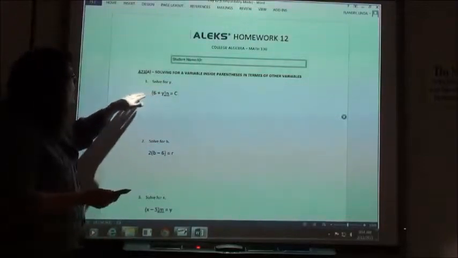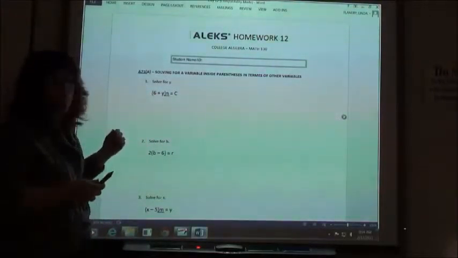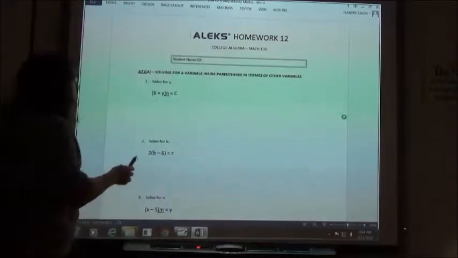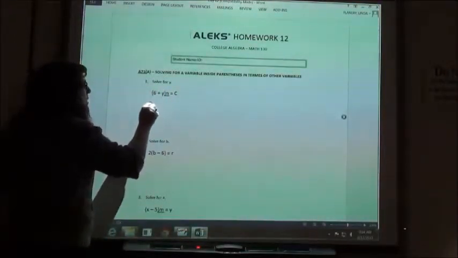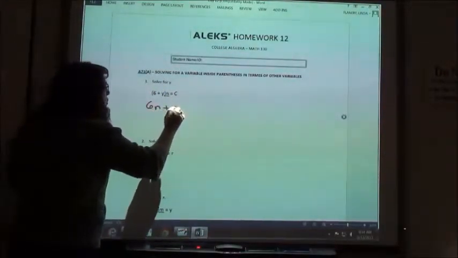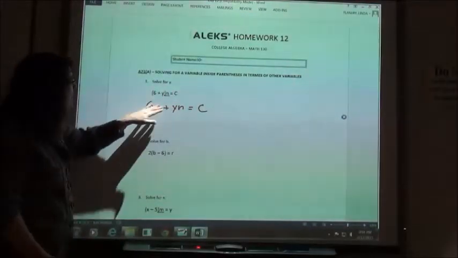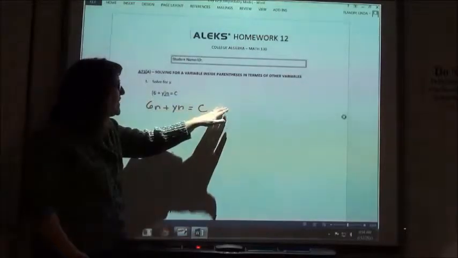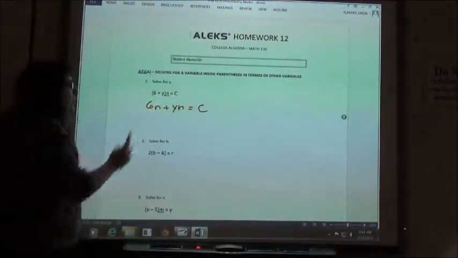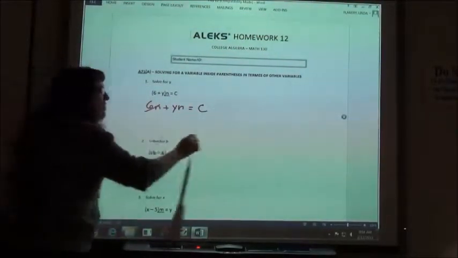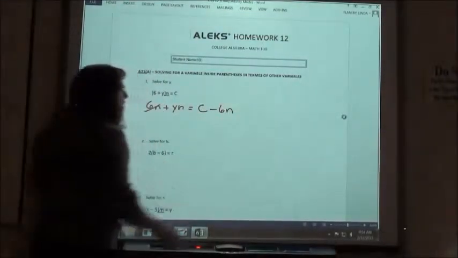First way, normally if we have parentheses, we get rid of the parentheses first by using our distributive property. So multiplying that out, I would have 6n plus yn equals c. If I want to solve it for y, the next thing I would do is move my 6n to the other side. Since it's a positive 6n, I've got to minus that 6n to move it over.